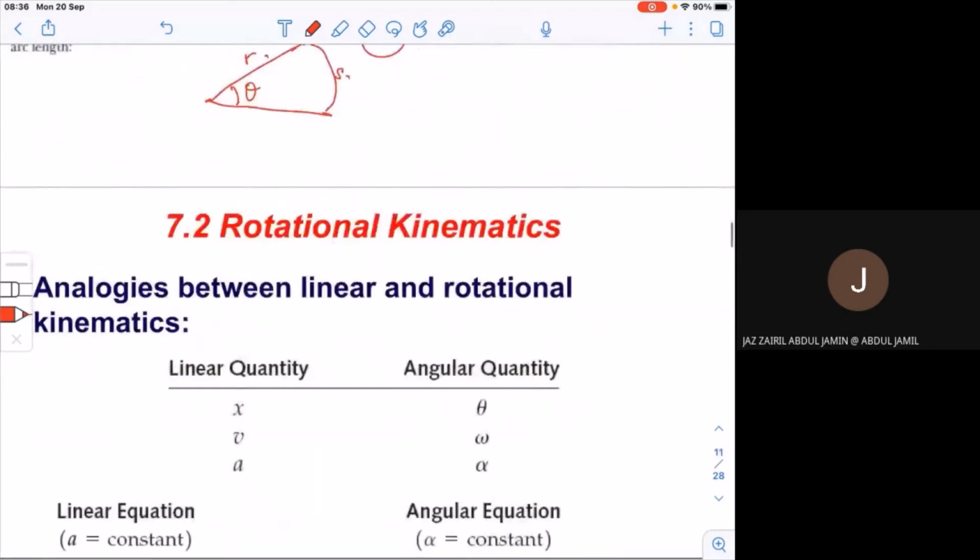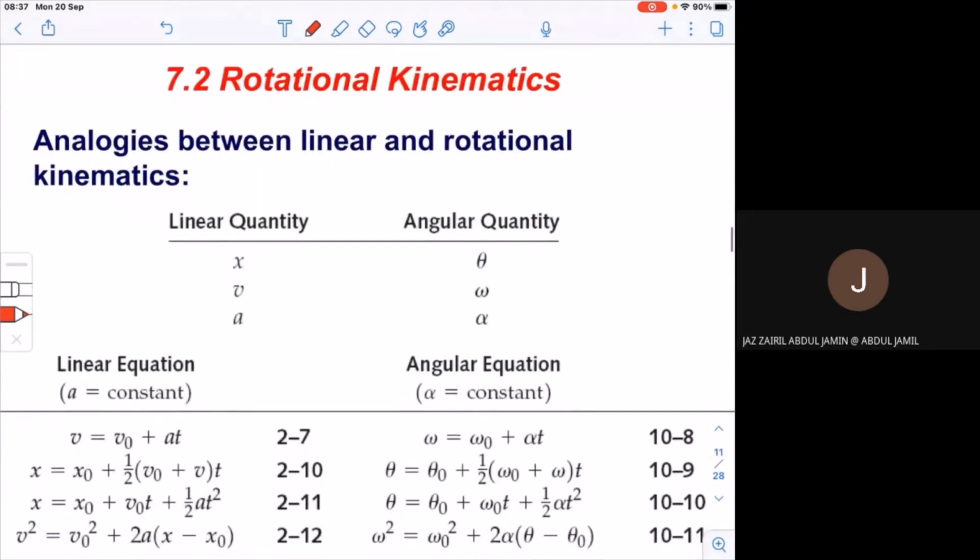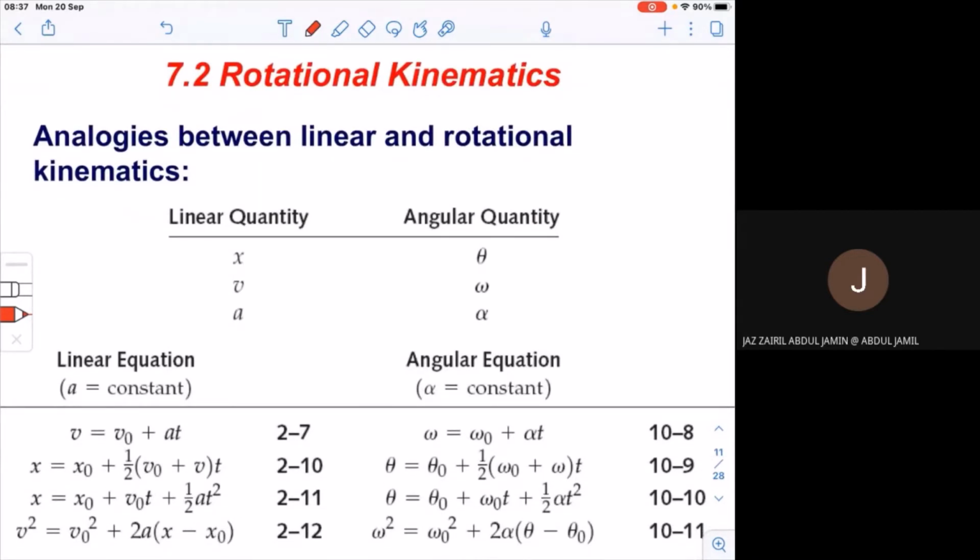Right, so let's look at the next part, which is rotational kinematics. These are some analogies between linear and rotational kinematics. For example, in the linear part we have position, which is x, velocity, which is v, and acceleration, a.